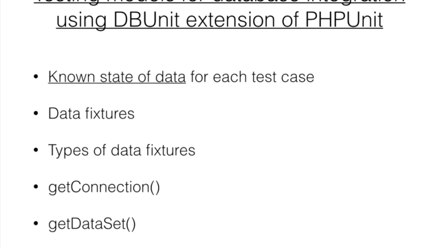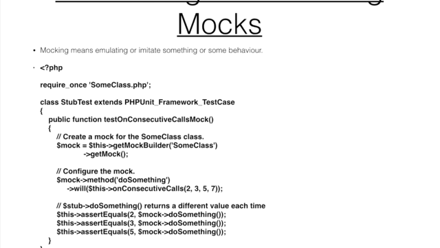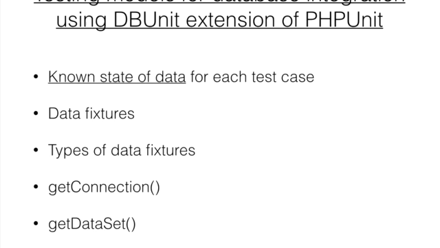What getDataSet will do is get the initial data and initialize your database with that data, and getConnection basically gives you a database connection. Okay, now we are into code.